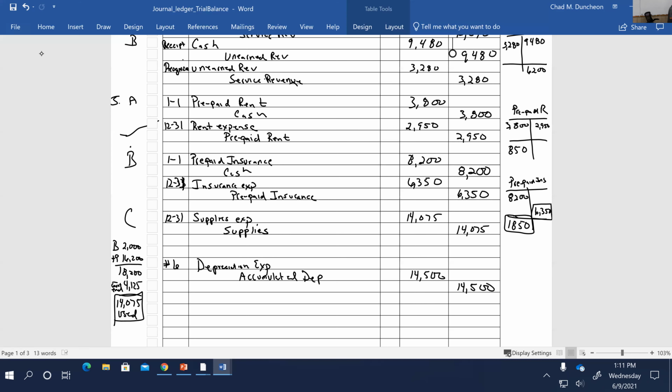Then it says, in the machine, what is its book value? Well, in year 1, the cost was $125,000. You subtract out your accumulated depreciation, which in year one was just 14,500.